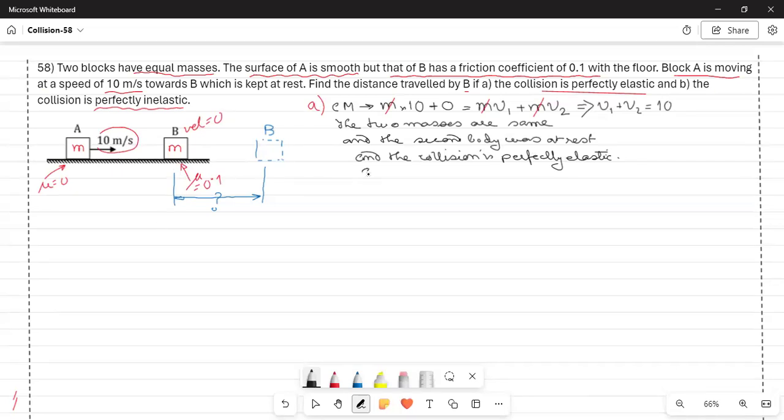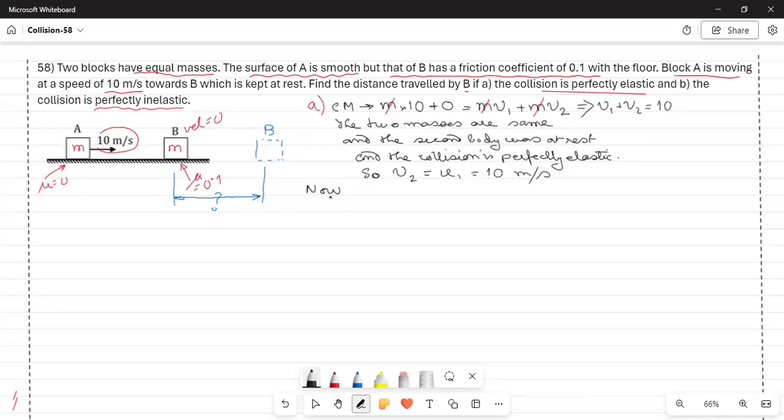So v2 will be equal to u1, which is 10 meters per second.